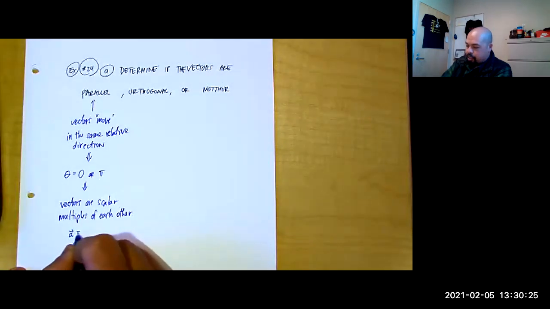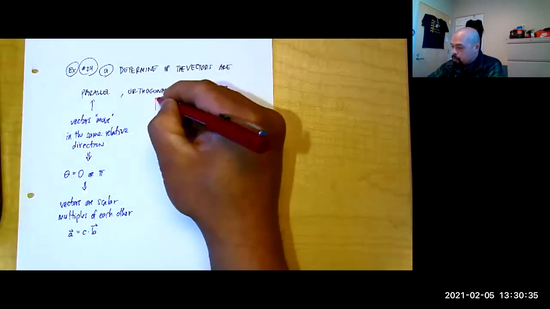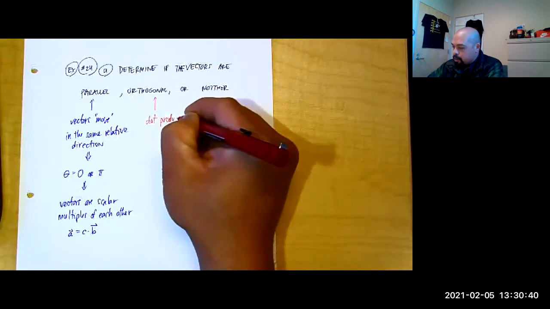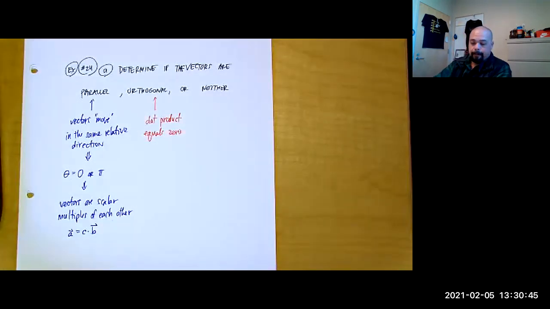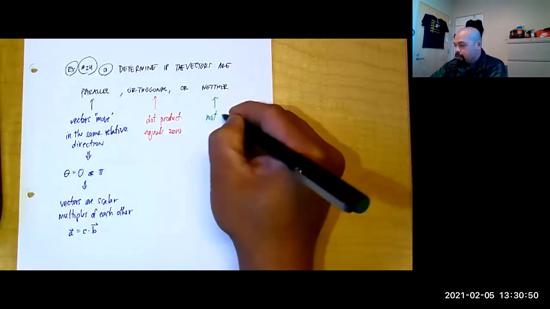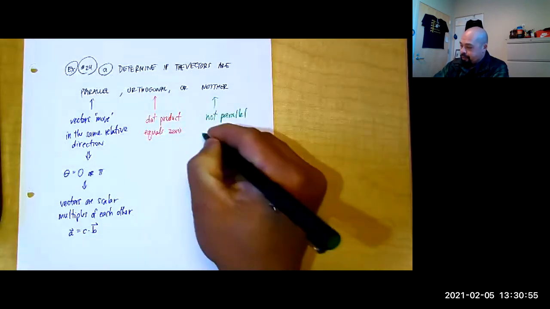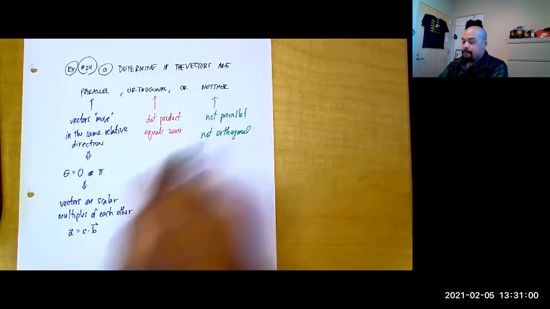So that vector A is just some constant times vector B. All right, orthogonal is when we check the dot product equals 0. Right? And lastly, neither. Right, of course, they're not parallel. They're not going to have constant multiples of each other. And they're not orthogonal. They're not perpendicular. Okay?